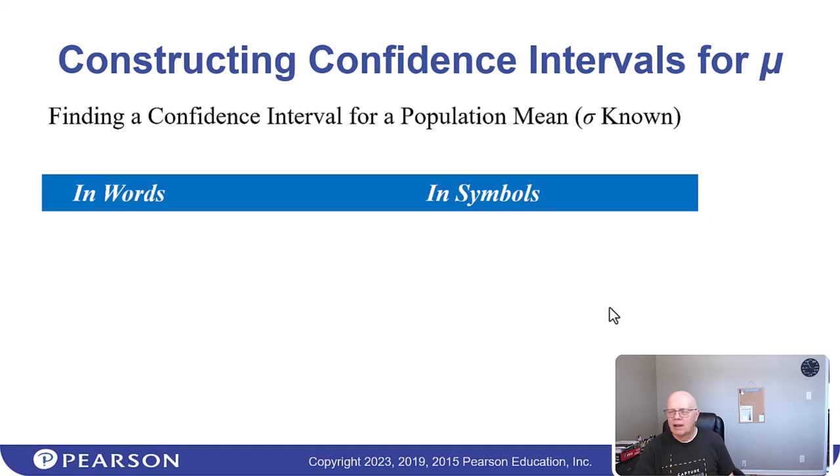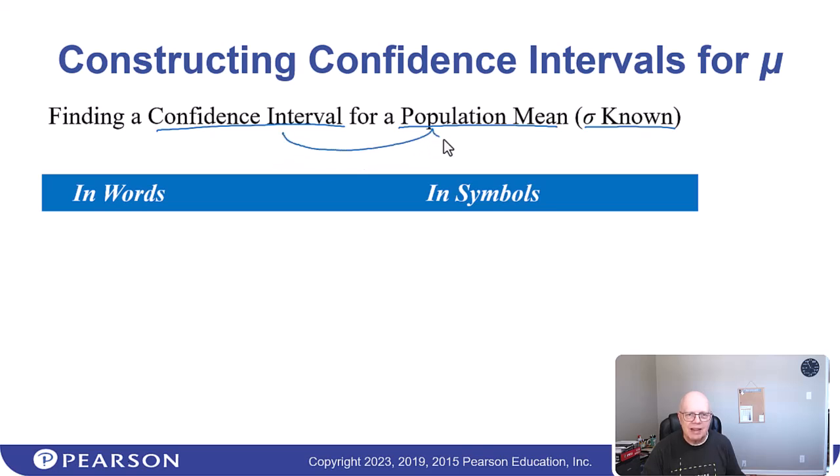So, steps. You want a confidence interval. And we're talking about a population mean and sigma, or the standard deviation, is known. Those three things go together. Make sure your notes include those all together. And then you can get the confidence interval for this situation.